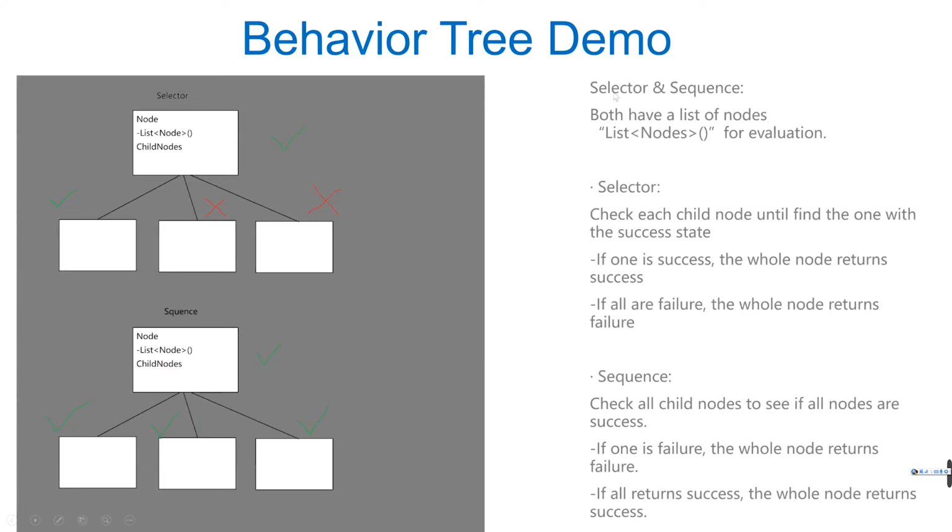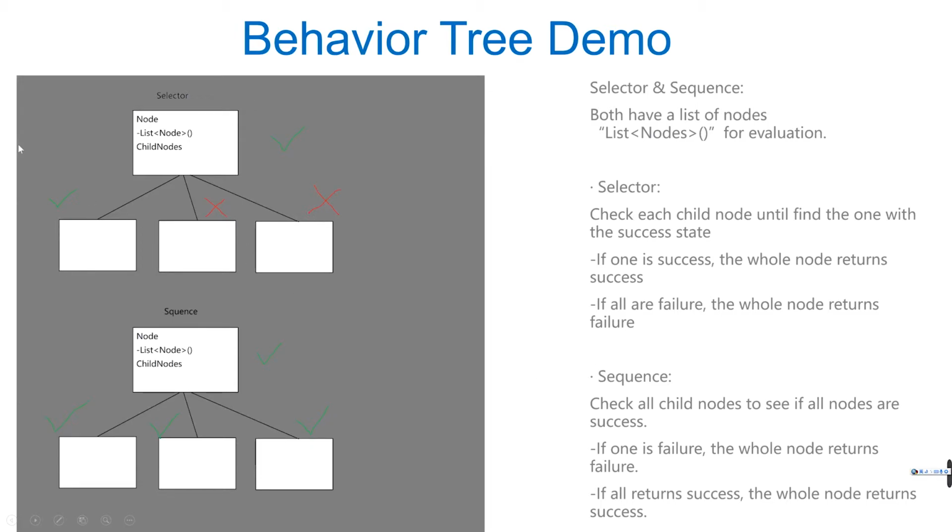Each selector and sequence will include a list of nodes for evaluation of the status. As for the selector, it will check each child until it finds one with success. If one is success, the whole node returns success. If all are failure, the whole node returns failure.